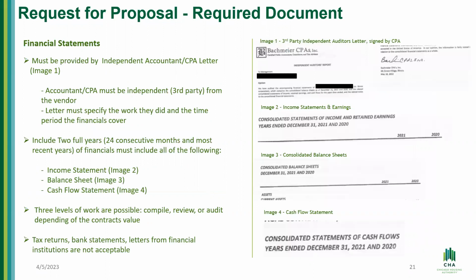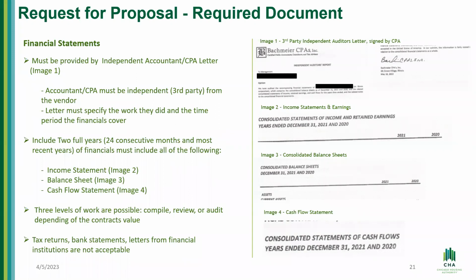Financial statements. You must provide a letter from an independent accountant or CPA, as you can see in the examples in this part. The accountant or the CPA must be independent, which means a third party from the vendor, outside of your company, not internal.